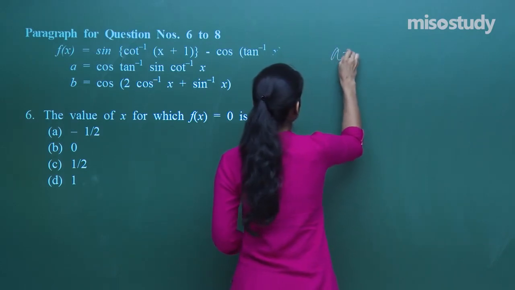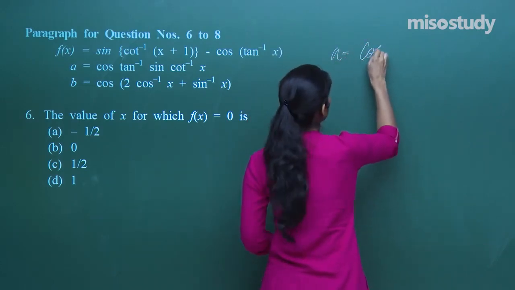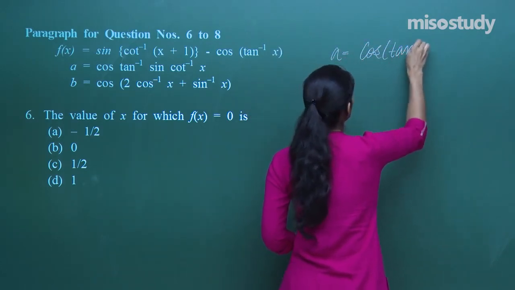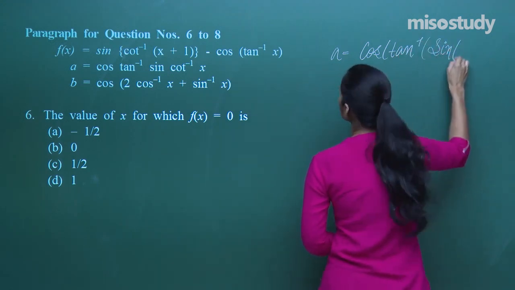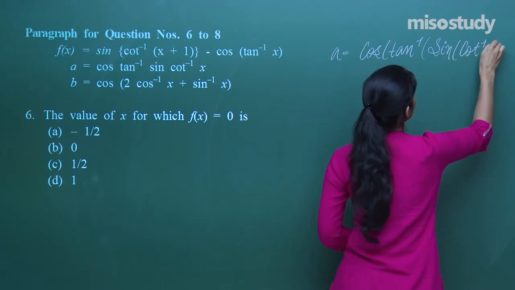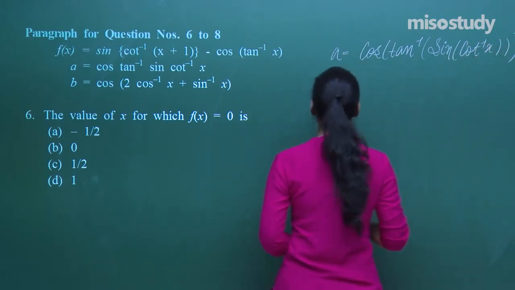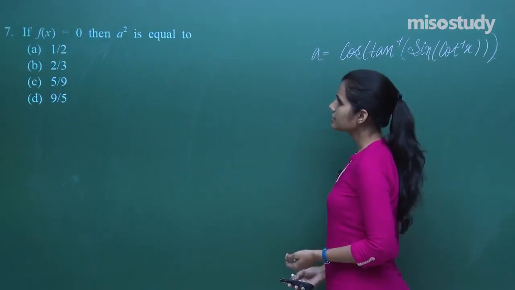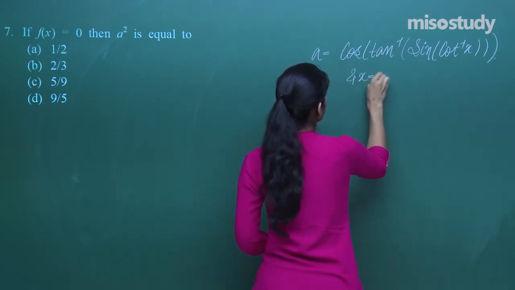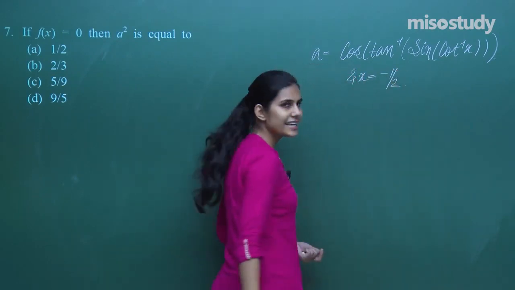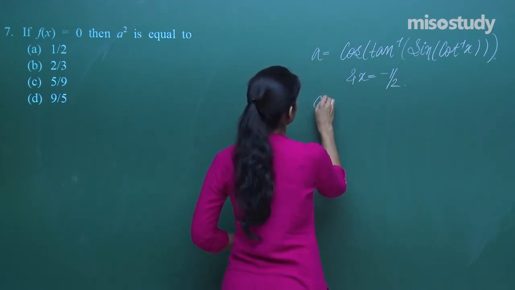So let's write down A. A is cos of tan inverse of sine of cot inverse x. And you know that x is minus 1 by 2. I am interested in a square being equal to what?